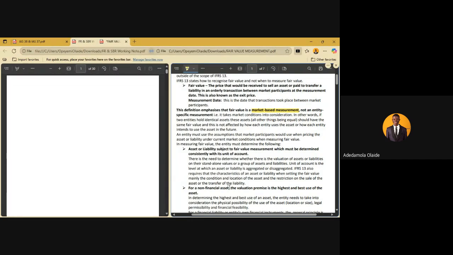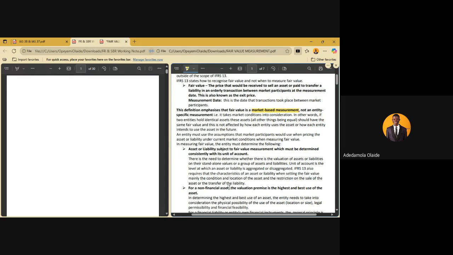So in that case, if you want to fair value also, the book value you have for the entire asset, the fair valuation should also be for the entire asset. And where the price of an asset is on a standalone basis, we should also fair value on what? On standalone basis.